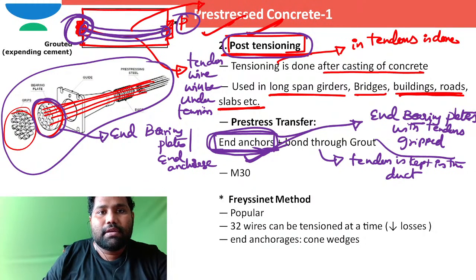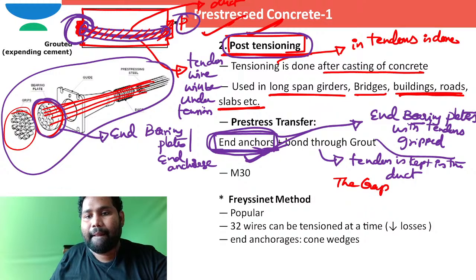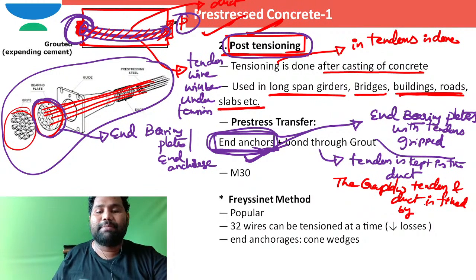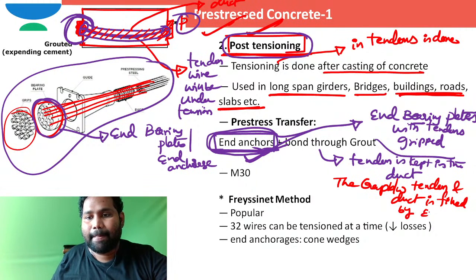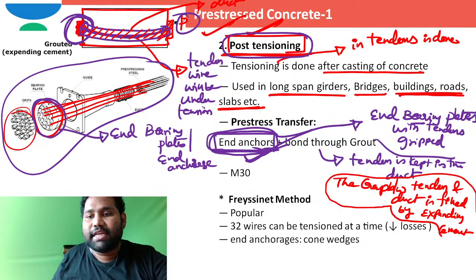This is the duct, and there is a gap between the duct and the tendon. The gap between the duct and the tendon is completely filled with expanding cement grout.